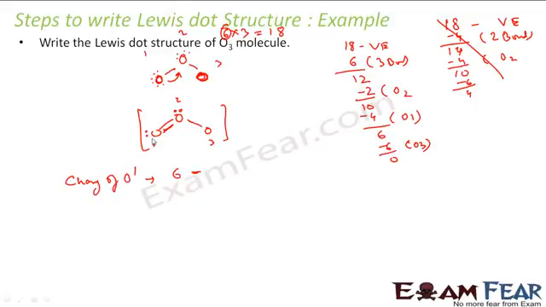I have not drawn them, sorry for that. This one has 6. Let me draw this also. Minus 4 because it has 4 lone pair electrons. Minus, how many shared electrons does it have? Shared electrons, it has 4. Out of these 4, it has only half, which is owned by this oxygen. Hope you understand this.